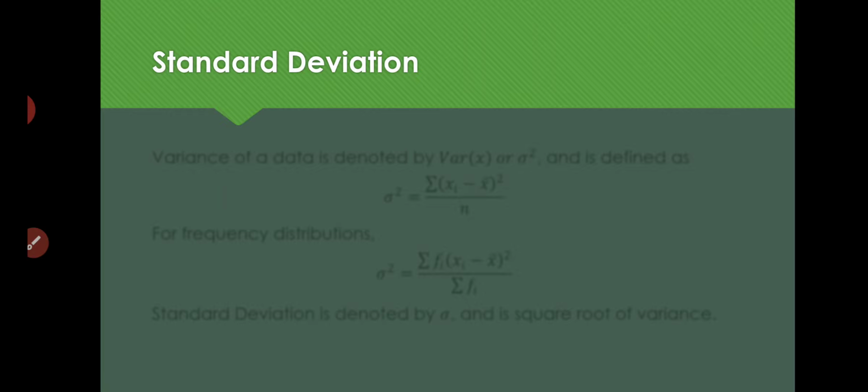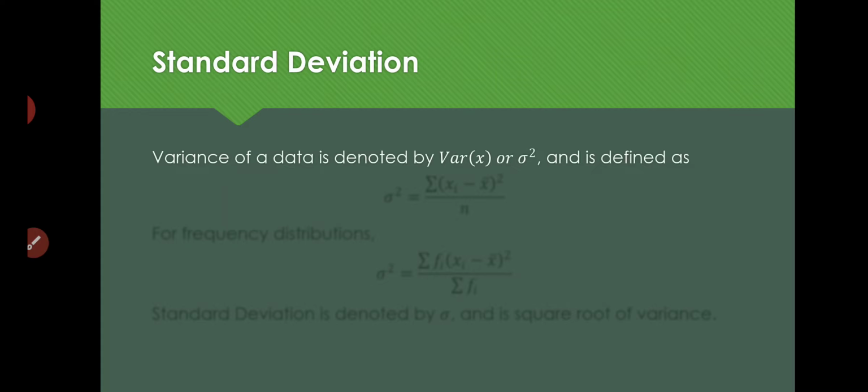Now before we move on to the idea of standard deviation, we have an intermediate concept which we call the variance. Variance is denoted by var x, var inside bracket x, or small sigma square, and is defined by sigma square equals summation of xi minus x bar whole square by n.